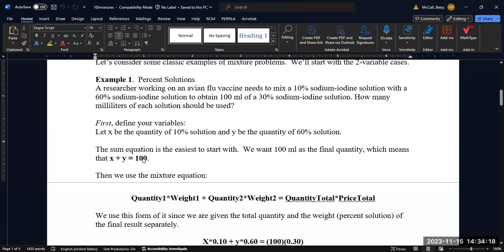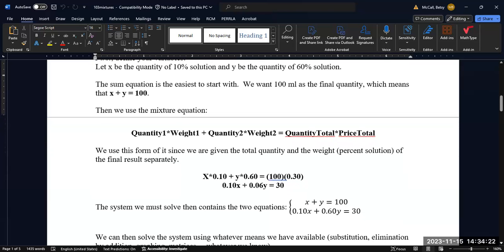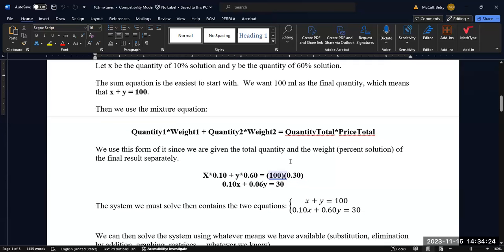That's that quantity equation. Now, when we get the mixture equation, this is the form quantity total times weight total. I called it price here, but it's the weight total, the average that we want in the end.